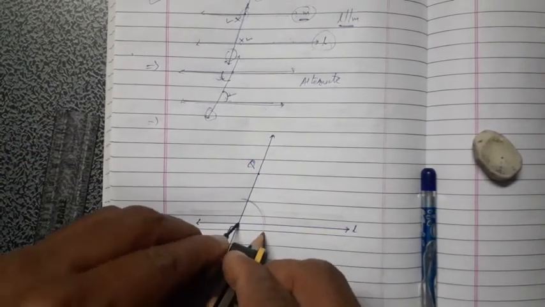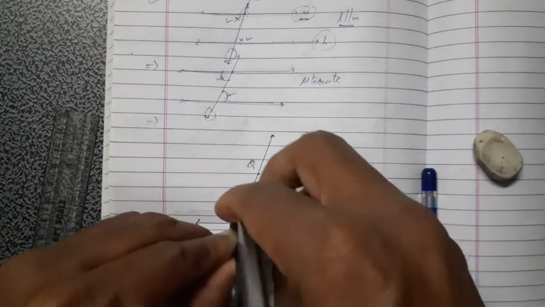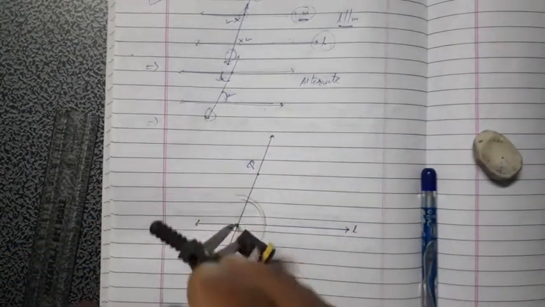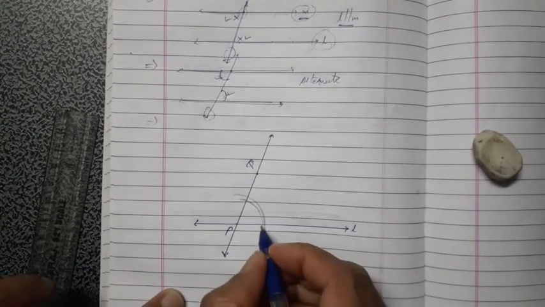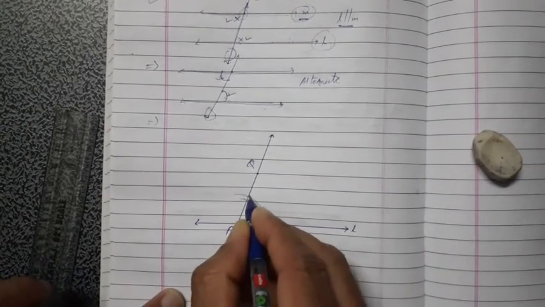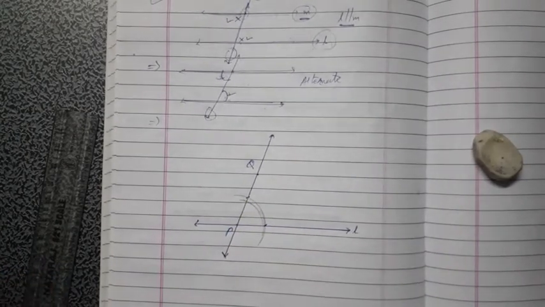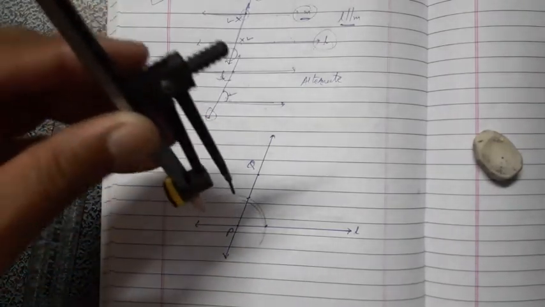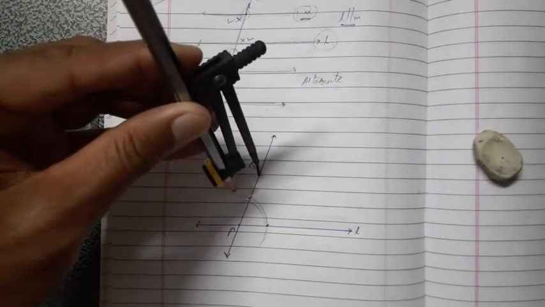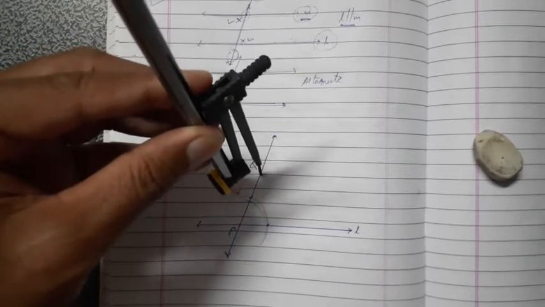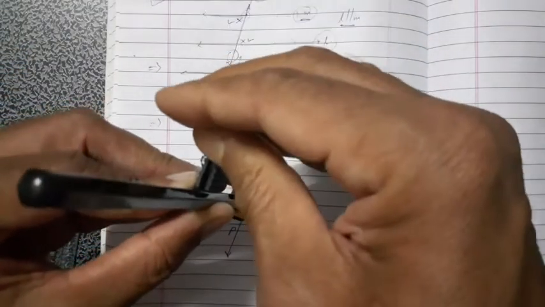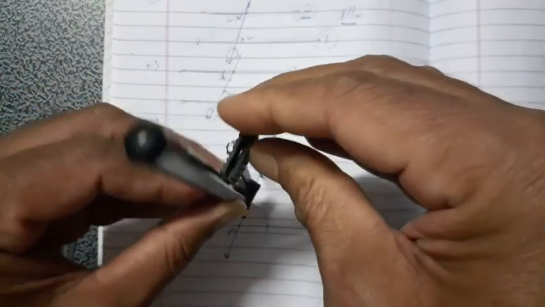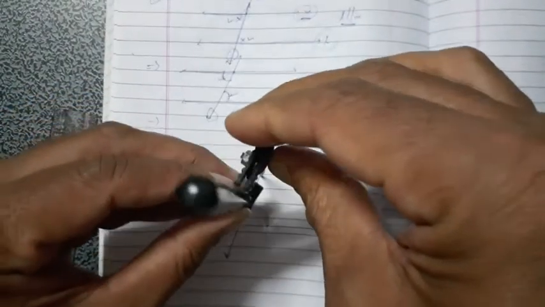Look, these two are the intersecting points. Same, you take the same radius and put your needle on point Q and draw an arc on the opposite side of that line.